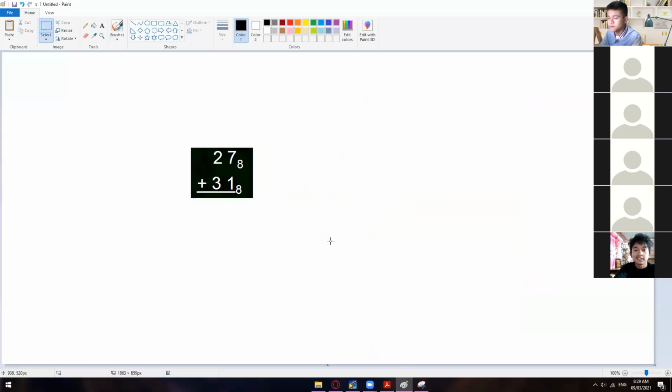Okay, if you guys can still recall, we have this decimal to octal, wherein 0 to 7 is the same in octal, still 0 to 7. So this is a direct conversion from decimal to octal.